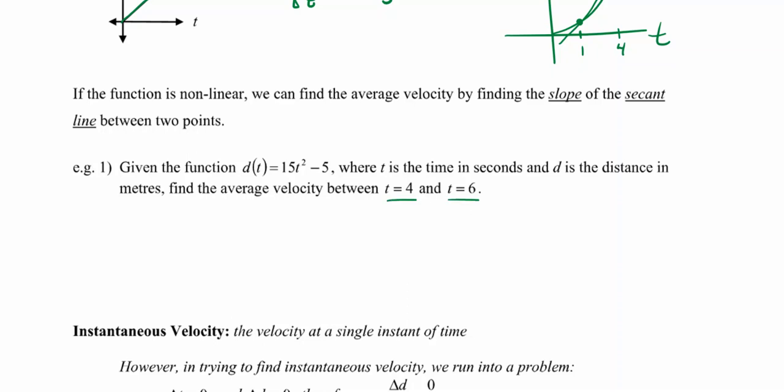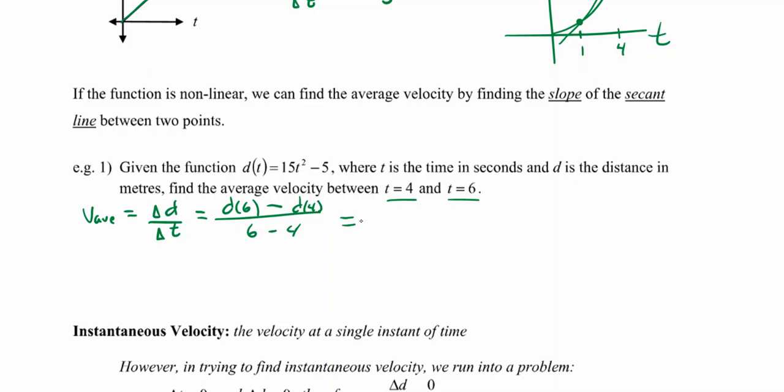If we were going to do that, then the average velocity, V average, will just be my change in distance over a change in time. A way of writing this for distance, that's my y values in this case, is d6, the distance at 6 seconds, minus the distance at 4 seconds, over 6 minus 4.